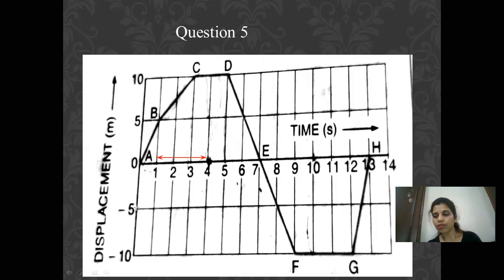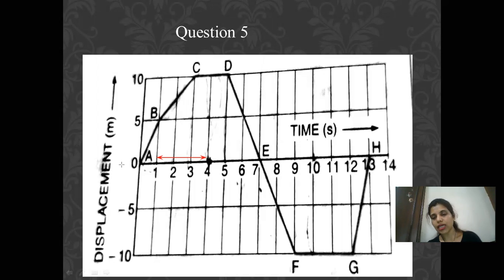But if the negative part is taken, then as I have told you in the example, when a body is thrown upwards and after reaching a certain point it comes in the downward direction, then when you are plotting the graph, you show the negative part of the y-axis as well.